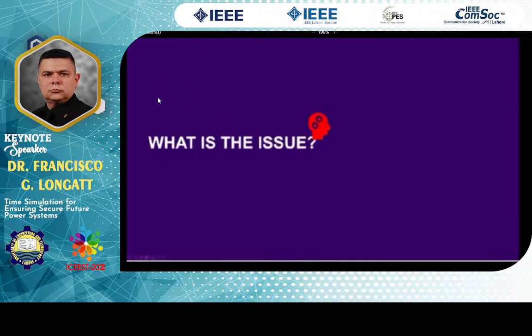Well, as I presented in my previous slide, this is happening in many parts, the case of Australia, the case of the United States.